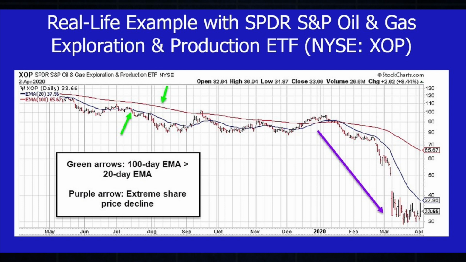Here's a one-year chart of XOP, and you can see that the green arrows on the left side are showing a bearish signal in that the 100-day exponential moving average is higher than the 20-day exponential moving average. When we're looking at moving averages, we always want the more recent prices to be higher, and that was not the case, even way back on the left side of this chart.